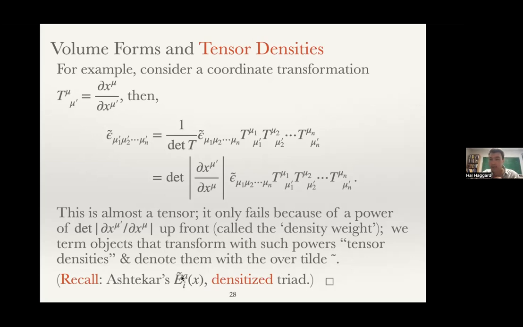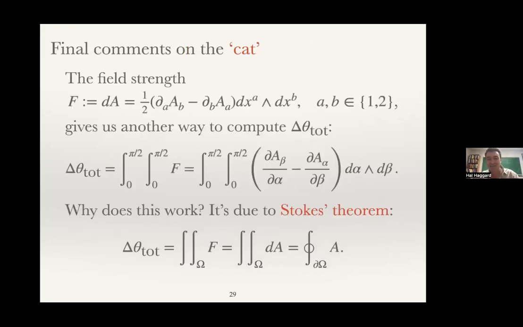It's because it doesn't transform exactly as a tensor. It carries factors of the determinant of the coordinate transformation with it. All right, end of technicalities. I used the mathematician's closed proof box to say, okay, we're done with that. And let me go back to why we care about the field strength, and then we'll pause for questions.